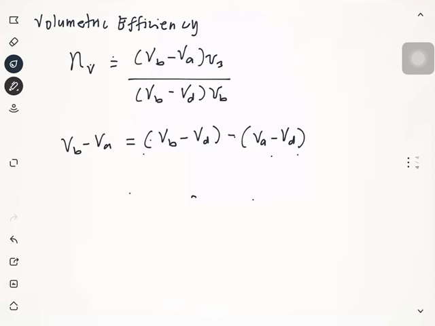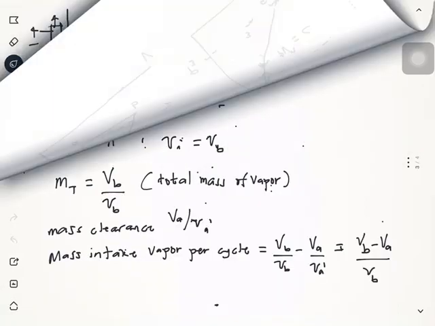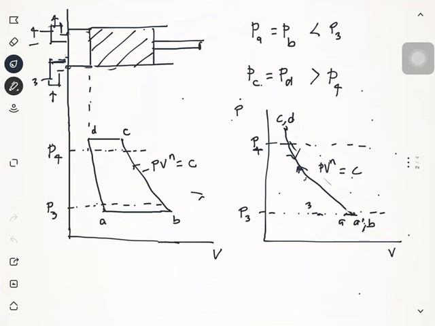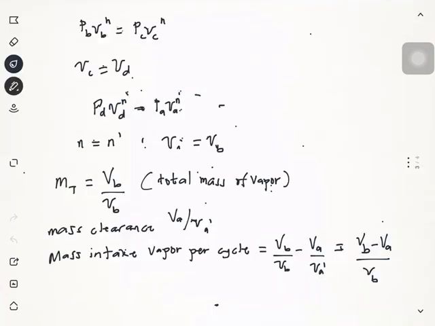Okay, so looking at the figure, this VB minus VA is equivalent to VB minus VD minus VA minus VD. Okay, so you have this one.